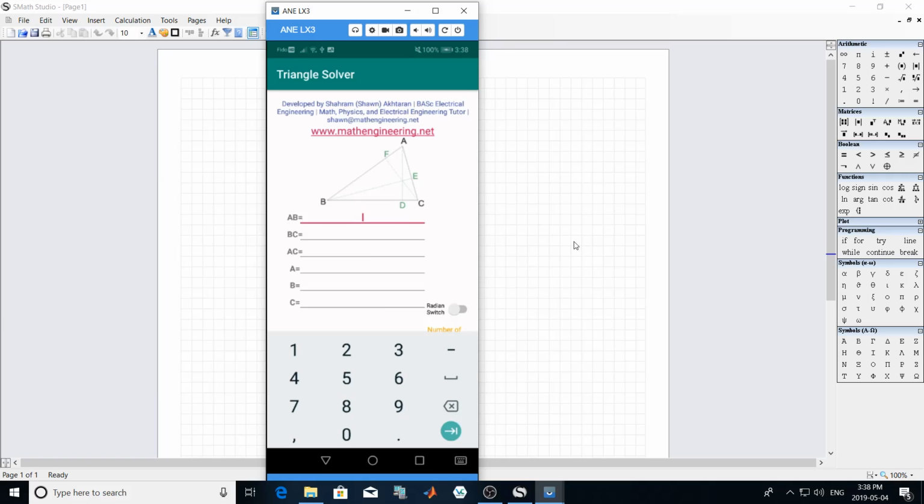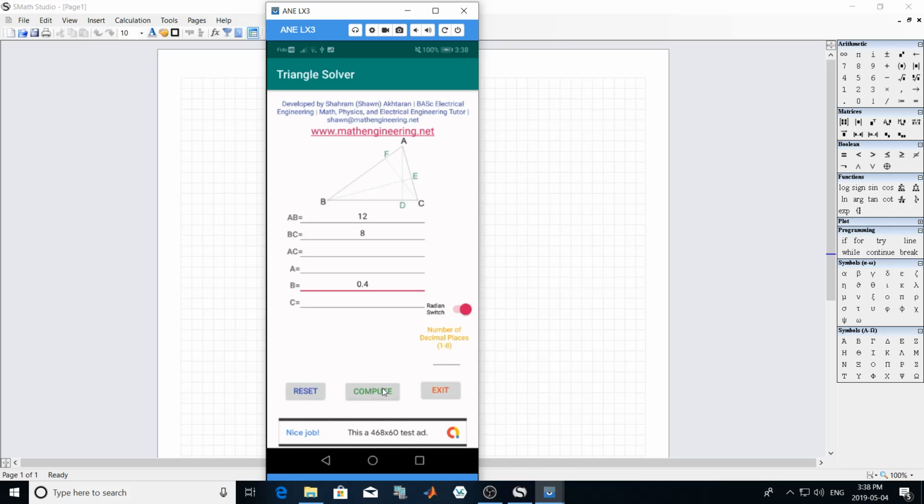So let's say AB is 12 centimeters, BC is 8 centimeters, and the angle between them, which is angle B, is 0.4 radians. So we switch the radian button on before pressing the compute button, and then press the compute button.